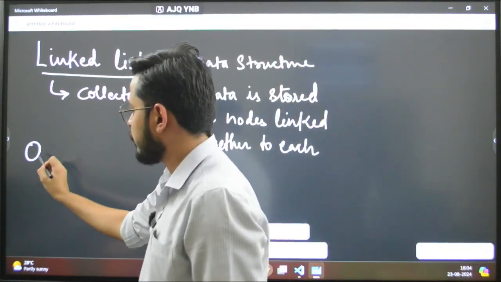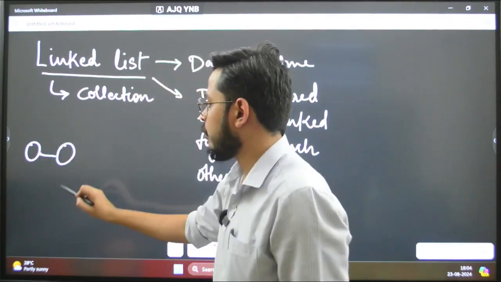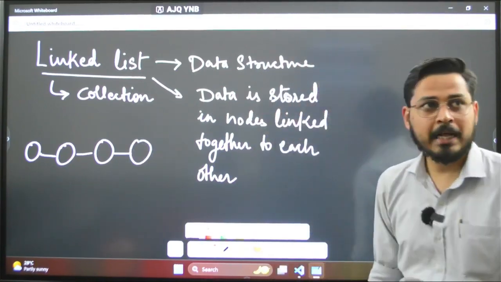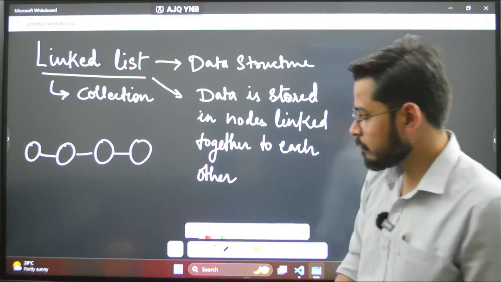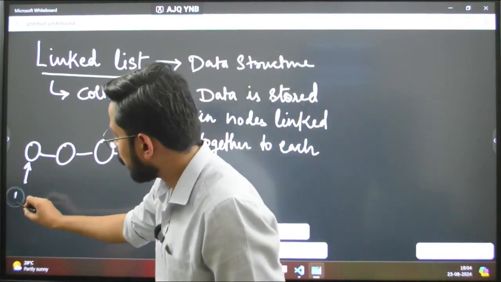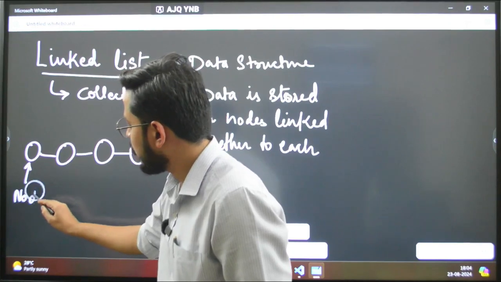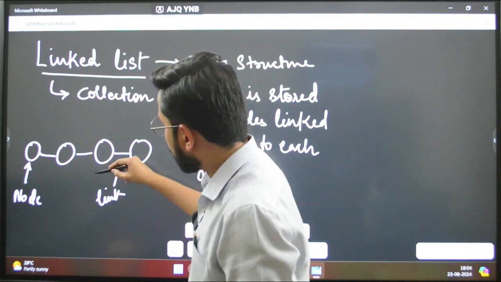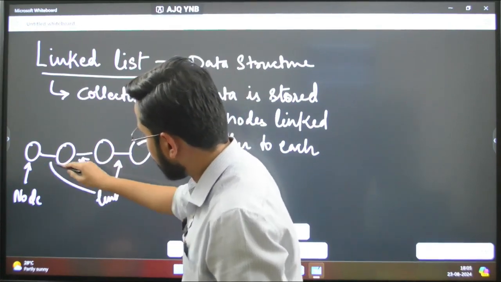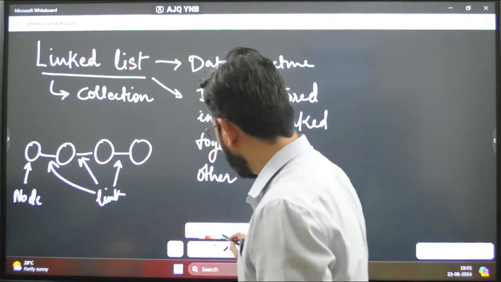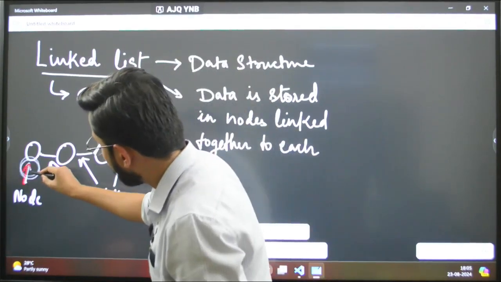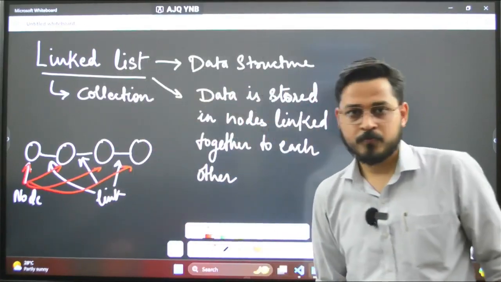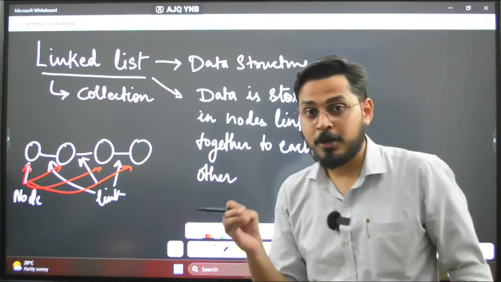This is one node, then I'll be connecting this with another node, and another node, and another node, like this. This is how your linked list keeps on forming, where this is the node and this is going to be your link. This is the link. On the other hand, this is the node, this is the node, this is the node, and this is the node. This is how your linked list will look like.